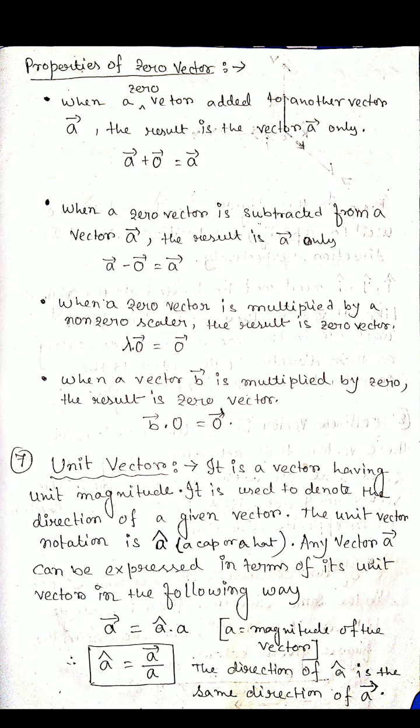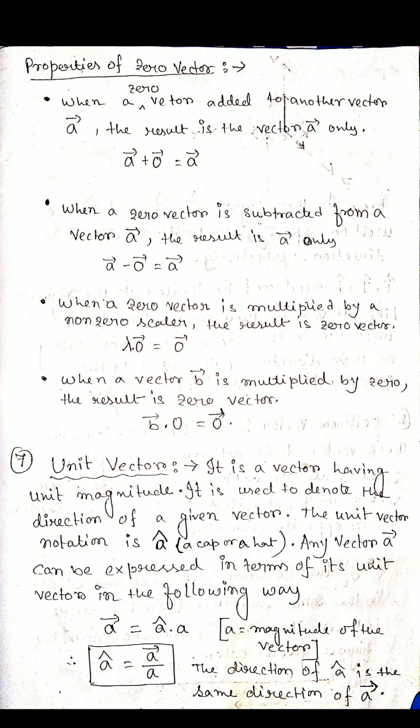It is a vector having unit magnitude. It is used to denote the direction of the given vector, in which direction it will move or be directed. That is what we get from the unit vector.